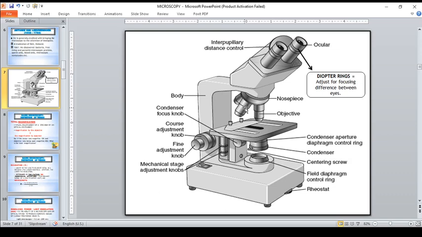Pula yung sa scanner. How about the second objective? That is the LPO, the low power objective. And what is the color of the band of the LPO? That is yellow. Good. How about the third objective? If we have low, we also have high. That is the high power objective or the HPO.